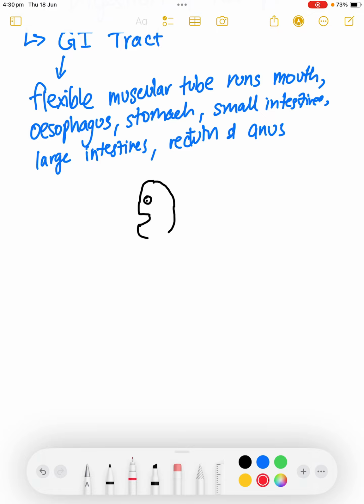Now we've got the mouth there, and if we go from there, we'll have the esophagus, the stomach, rectum there.